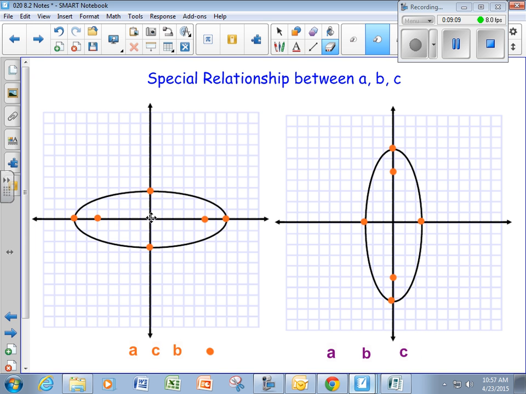So we know the distance from the center to each vertex is a. Then we also know the distance from our center out to this endpoint is b.